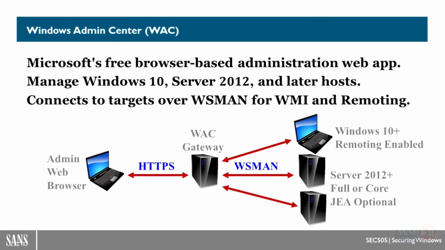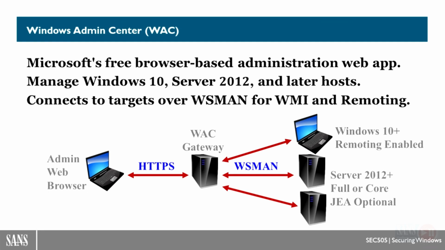Windows Admin Center is a free web application for remote administration. So on the left-hand side in the slide is your laptop. You open up your browser, you establish a TLS encrypted channel to the Windows Admin Center gateway. Now you have a nice friendly graphical interface in your browser.